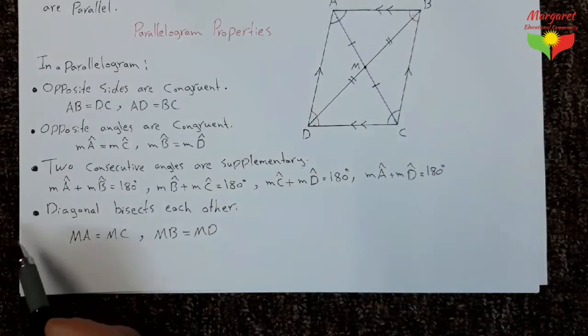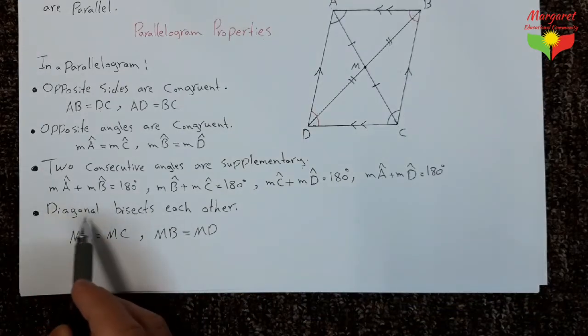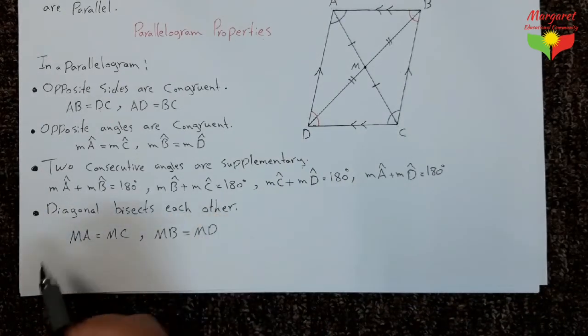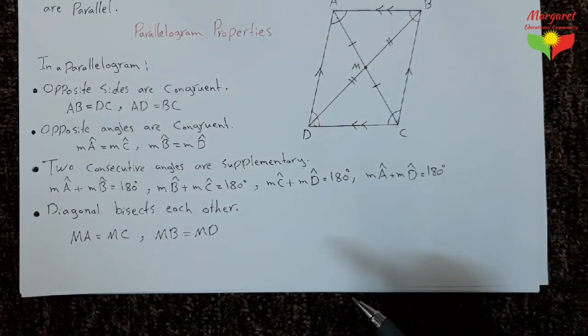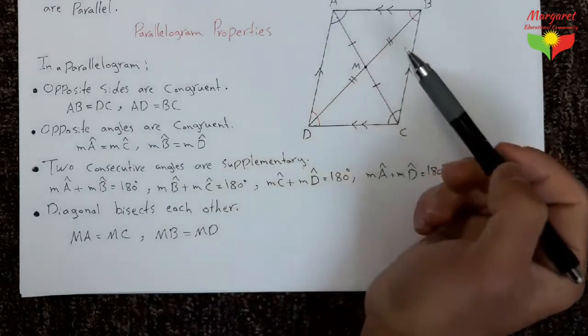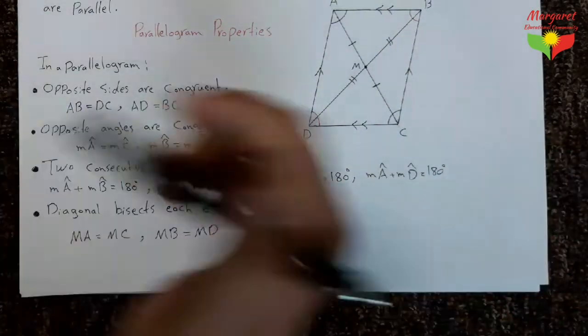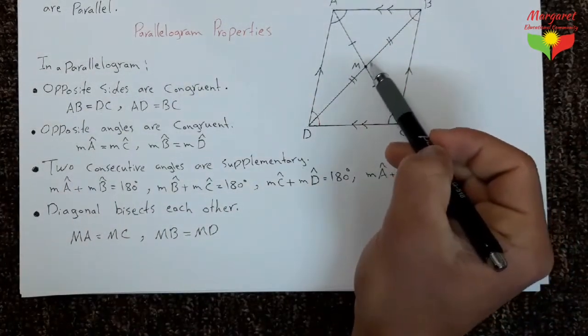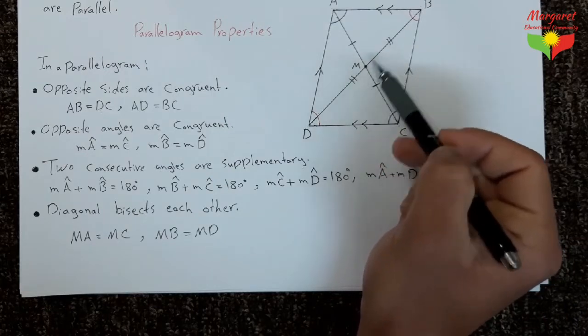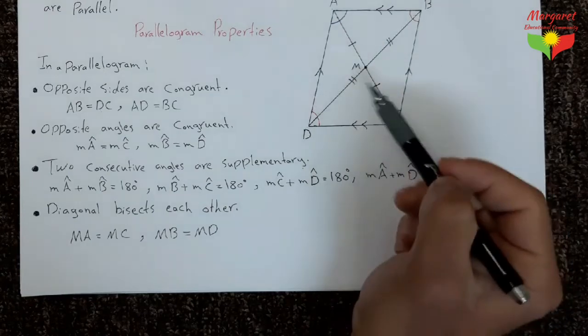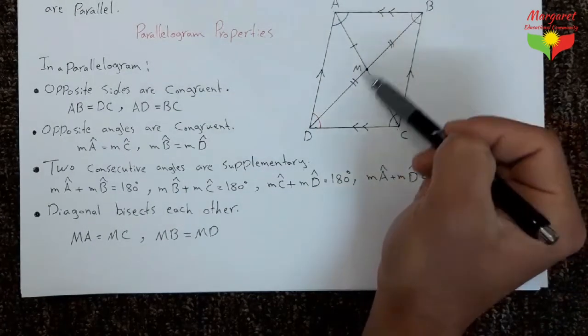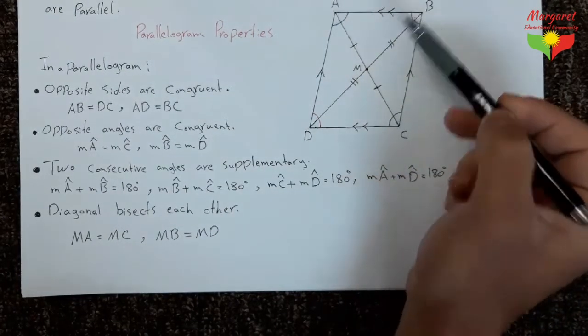And the fourth one says diagonals bisect each other. Bisect means divide the thing to two congruent parts. And we say that diagonal is the line segment that joins two vertices.